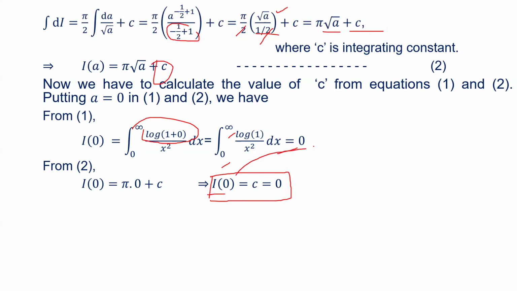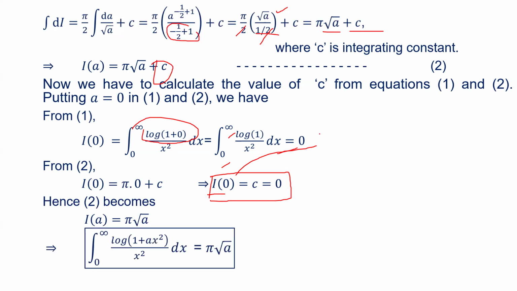I of 0 is nothing but 0. So we can write, hence 2 becomes I of alpha equal to pi root a. So this is the desired value of the given integral, hence proved. Thank you.